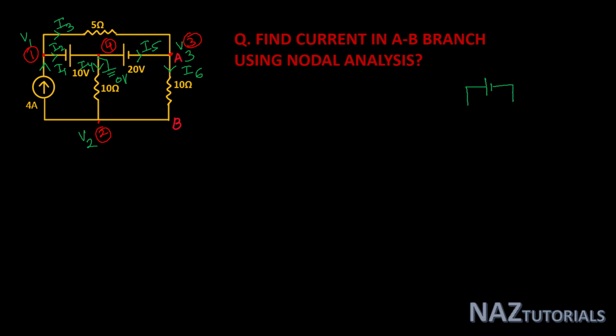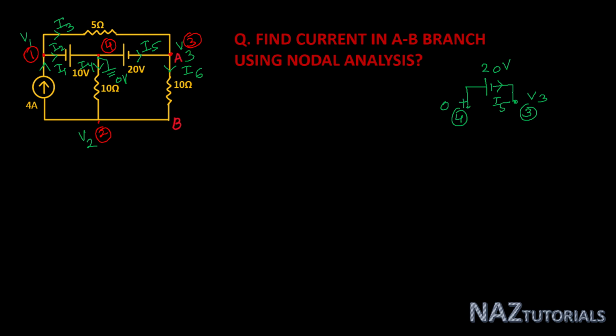Here, see the 20 volt voltage source, which is connected between node 4 and node 3. We assume the branch current is I5 flowing from 4 to 3, with node 4 at 0 volt and node 3 at V3 volt.